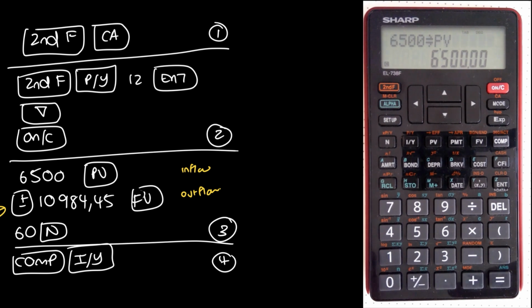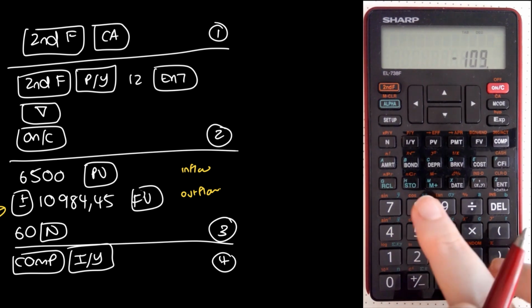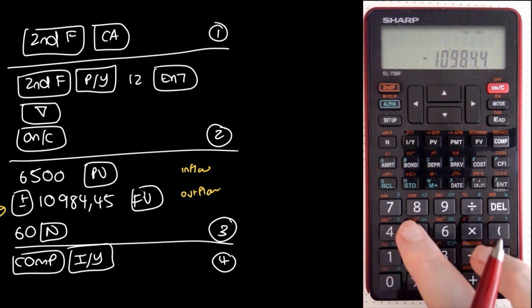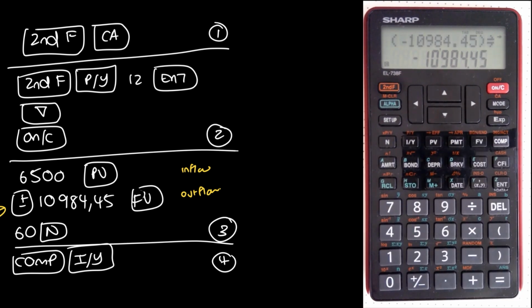So we need to put that as our future value. So we have a minus because we're going to owe it. We need to pay it to the bank. 10,984.45 future value. And remember, our calculator has to have the inflow and outflow happening.